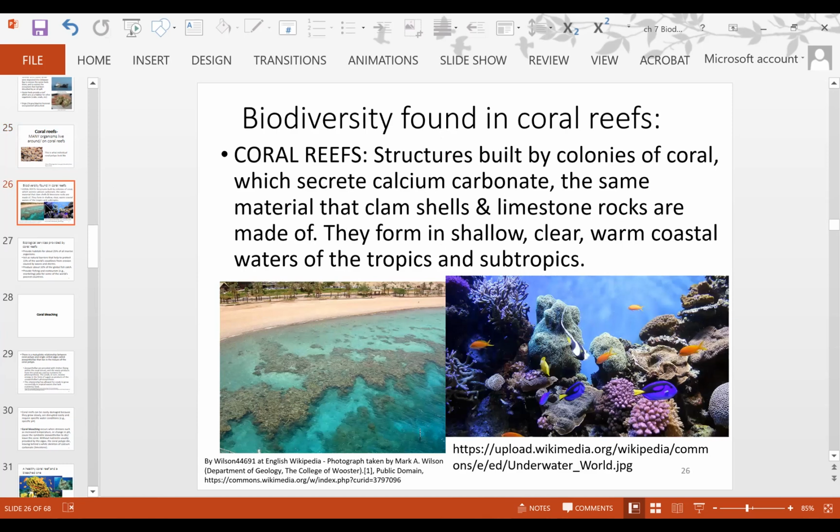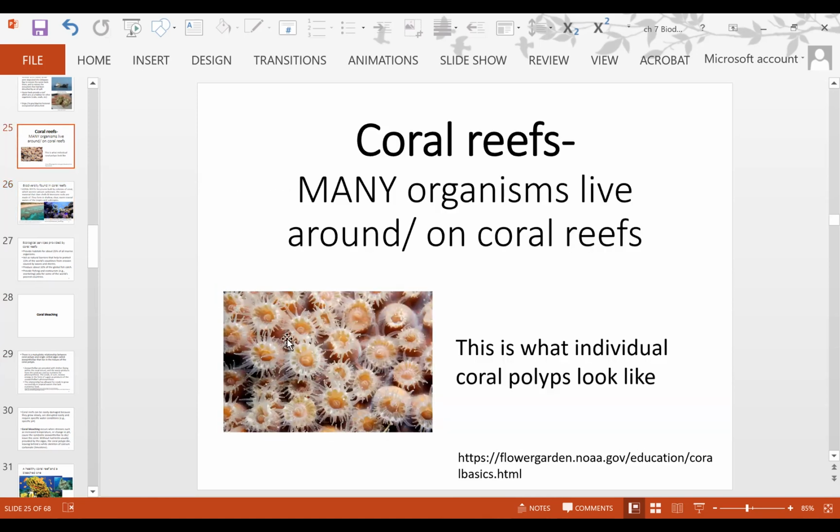And there's vast amounts of biodiversity found within a coral reef habitat. So coral reefs are structures built by colonies of coral. So coral like to live together. There are some varieties of coral that do not, but most corals are going to live together as a colony.